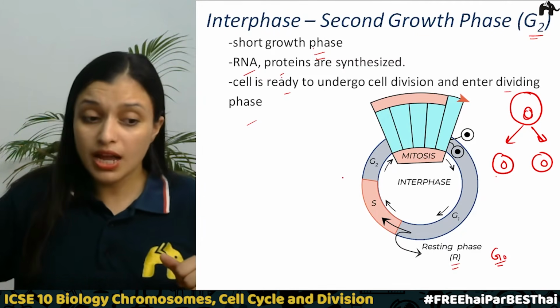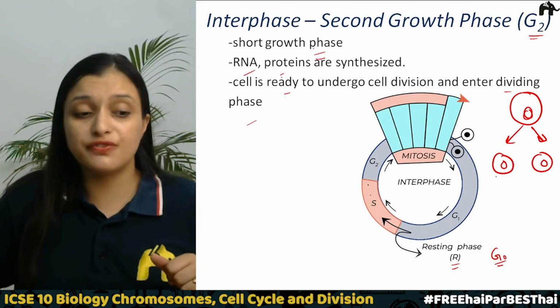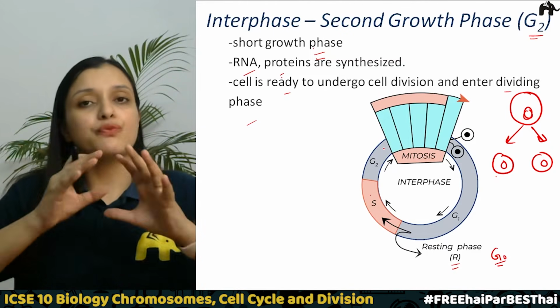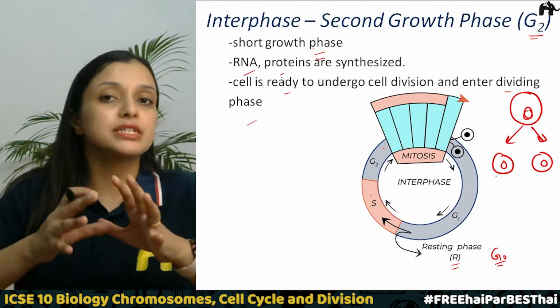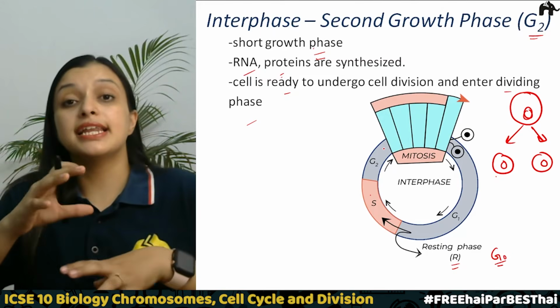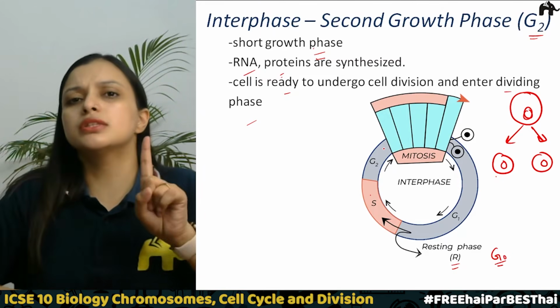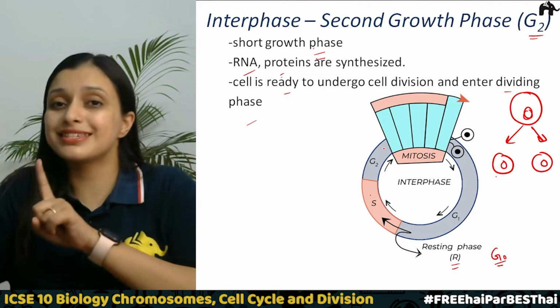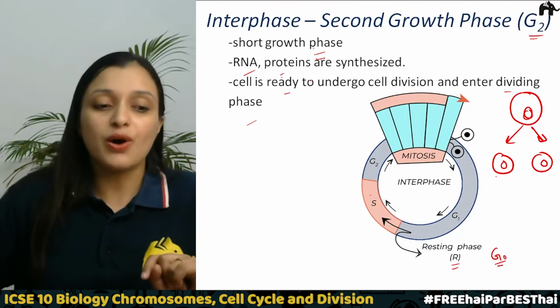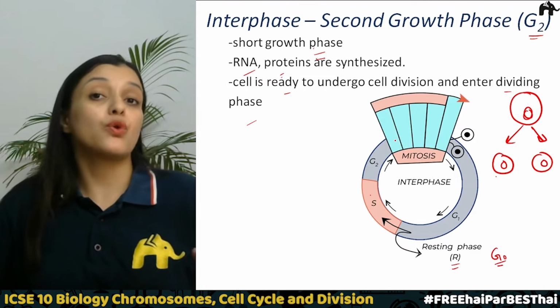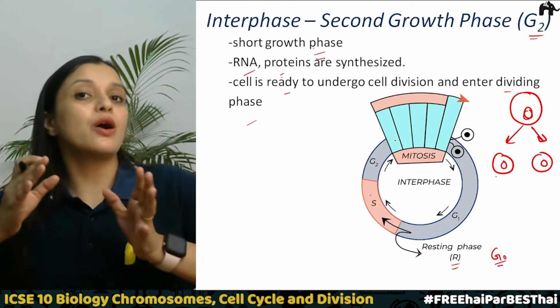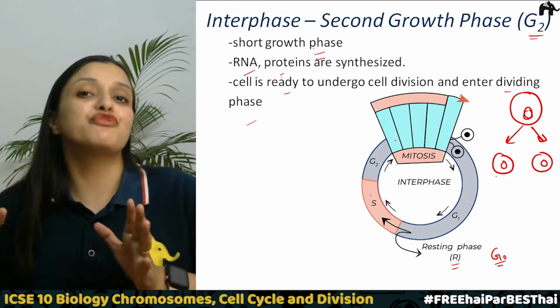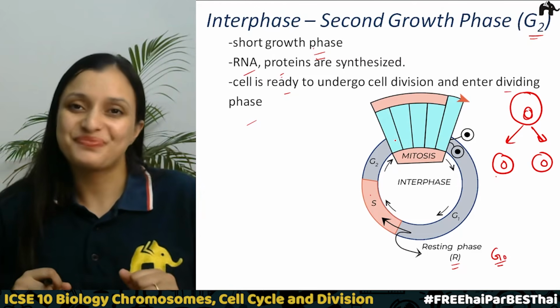Now after this, the cell will go to S phase, then G2 phase. When the cell enters S phase, this means now this cell is going to divide and completes all the phases of cell cycle. Now after the G2 phase is over, the cell will enter the M phase, that is the mitosis, right?